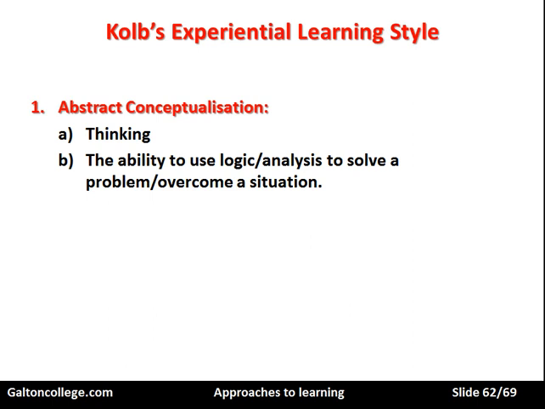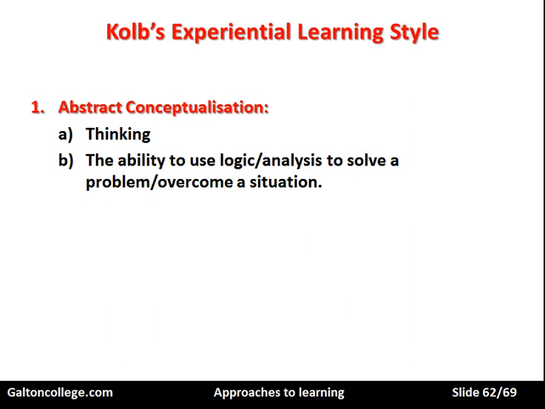So we're using conceptualization to analyze the relationships that we experienced, the observations that we made. We need to analyze them to see how they are connected. So abstract conceptualization is what we're going to carry with us into the future.